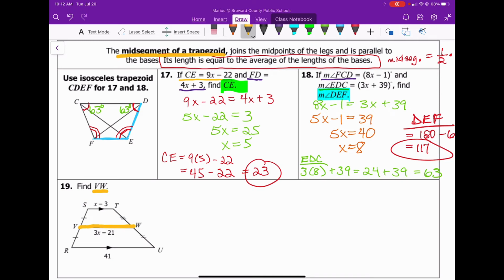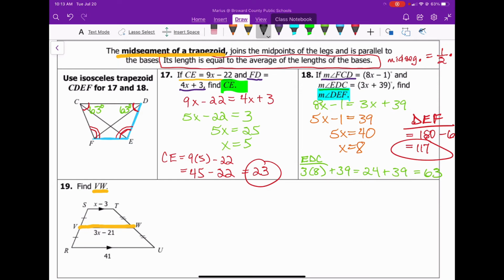We already said up here, that last sentence reads, its length, and it was referring to the mid segment. So the mid segment's length is equal to the average of the lengths of the bases. All that to say that if you add the other two bases together and divide by 2, that's equal to the mid segment. So let's write this out using the segments here.